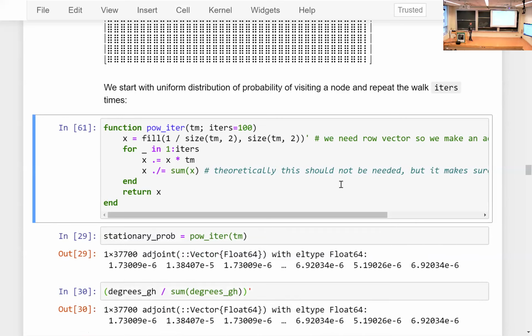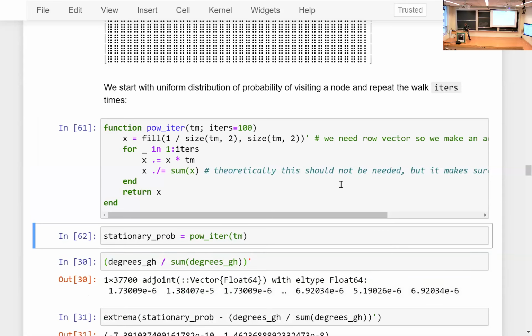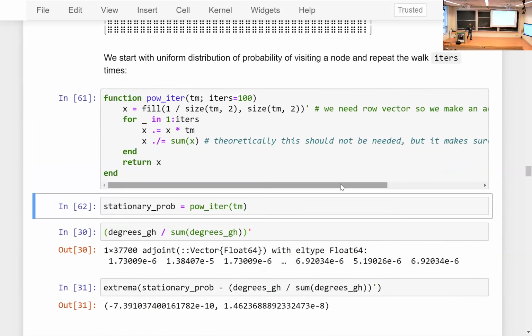Google made a business on this. So I can ask, how can I get the stationary probability distribution? In general, I can compute it. I did 100 iterations, but it was sparse, so it's almost instant to compute.